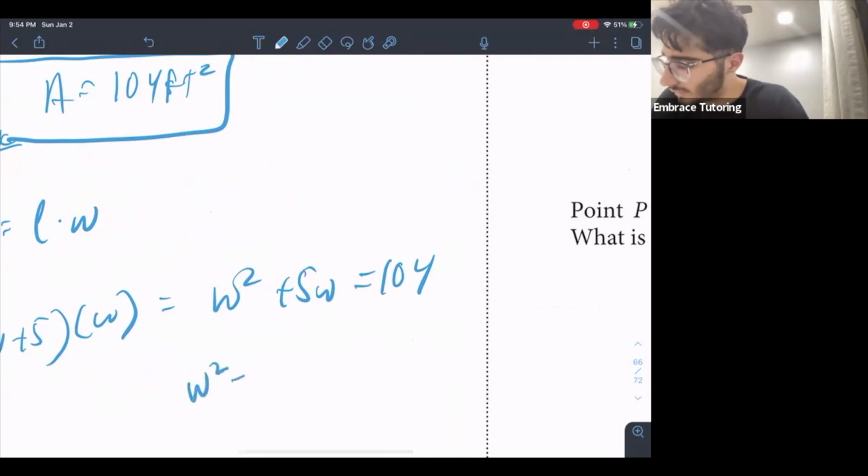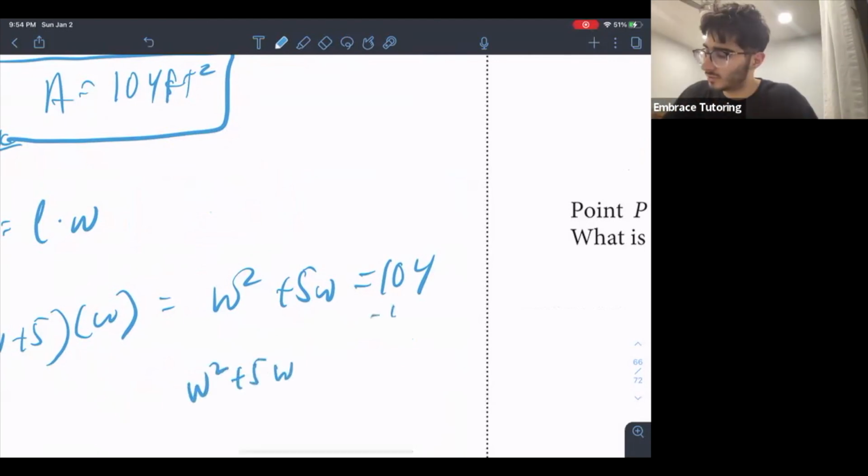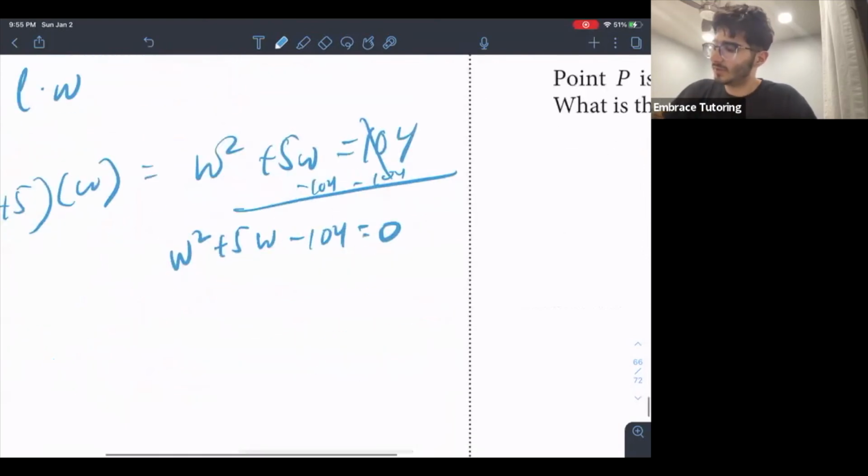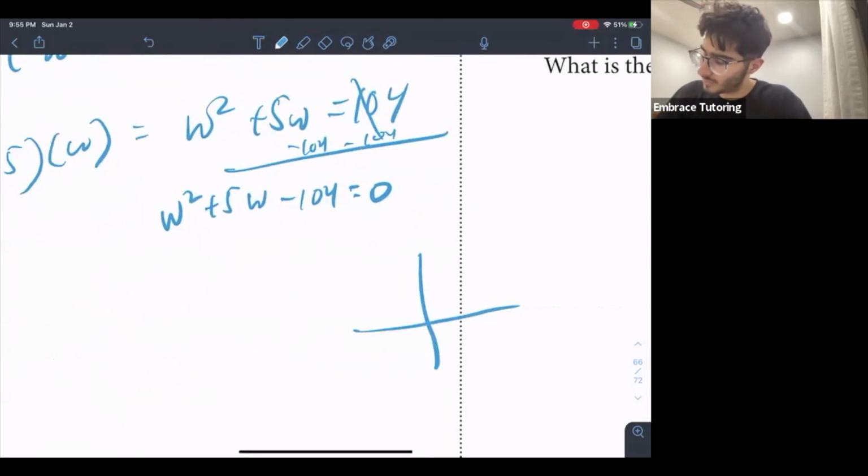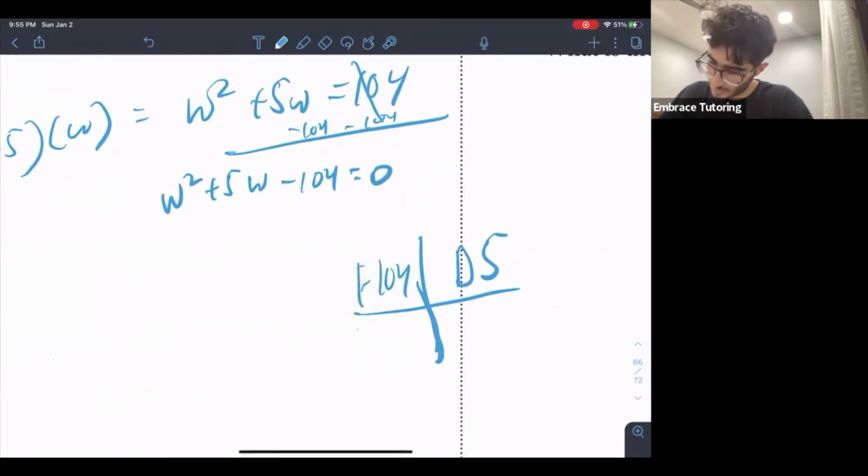So we can solve W squared plus 5W is equal to 104. We subtract 104 on both sides, because we can set this up as a quadratic, and then find two factors of 104 with a difference of 5. You have 104 and 1, 2 and 52. Let's see. Does 104 divide by 3?